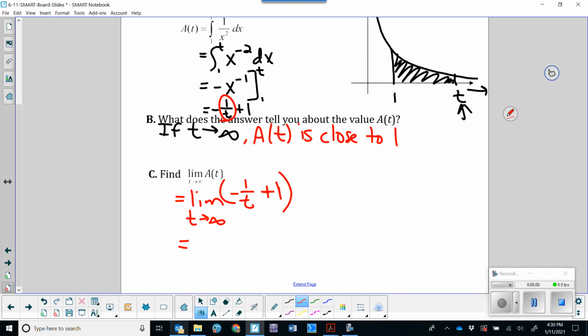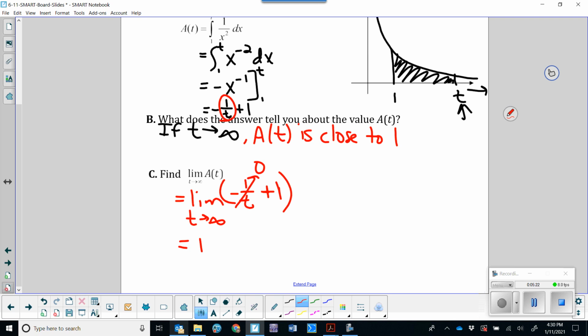If I let t go to infinity, then this term goes to 0, so my answer is 1. That means the area underneath the curve from 1 to infinity of 1 over x squared is in fact exactly equal to 1. This is one of those moments where you go, what? Because we're going to infinity, but we're actually able to find the area.